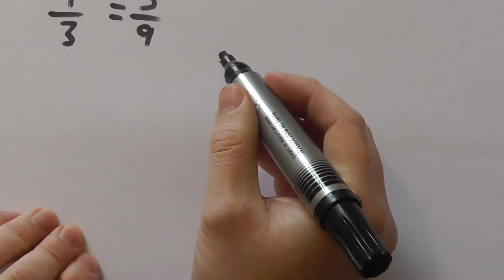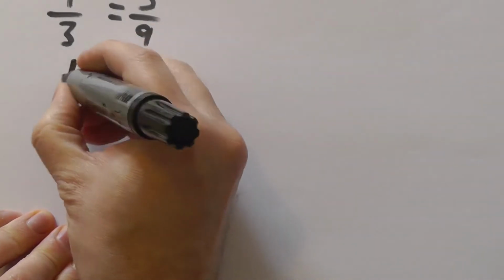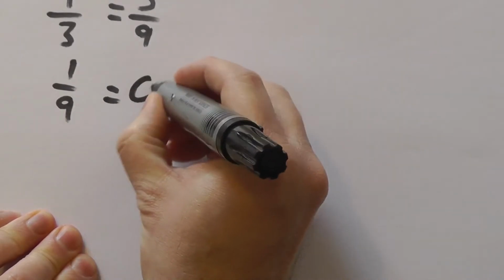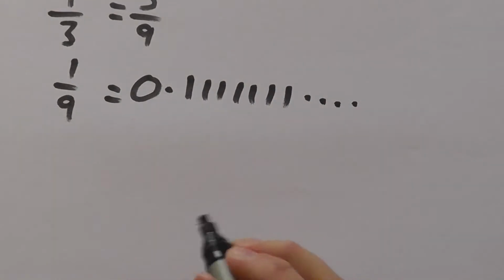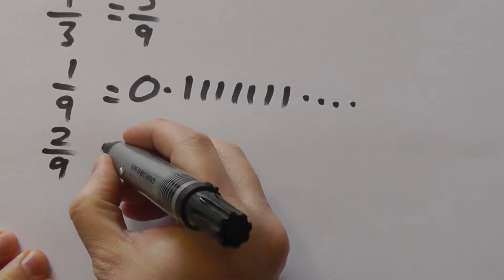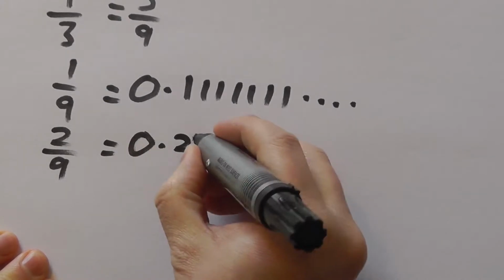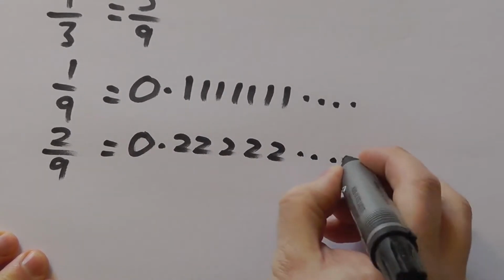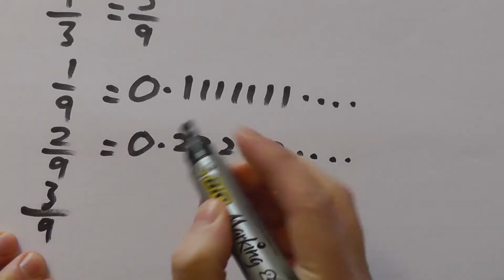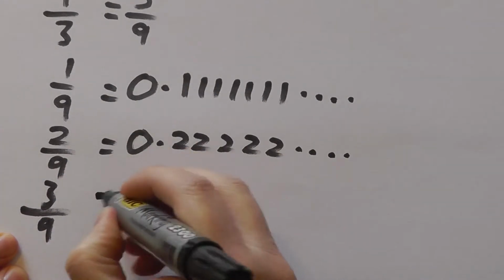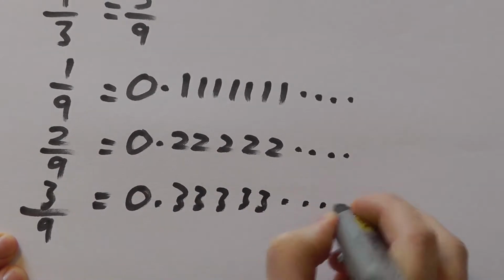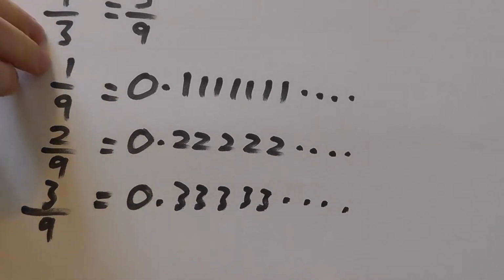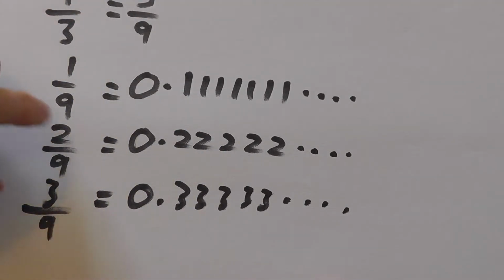And ninths are interesting because 1/9 is 0.11111 recurring. 2/9 is 0.2222 recurring. 3/9, as we've already set up here, is the same as 1/3, and 1/3 is 0.3333 recurring. And there's a pattern here. 1/9 is 0.1 recurring, 2/9 is 0.2 recurring, 3/9 is 0.3 recurring.